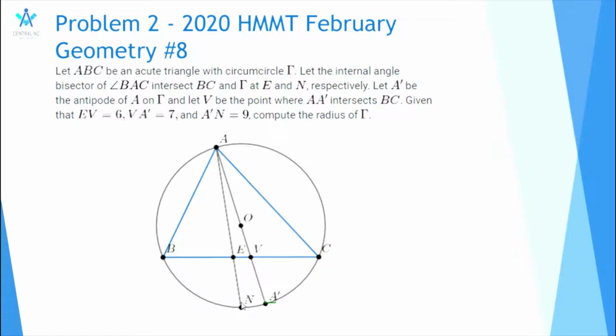N is going to be inverted to E, because we can show that AB times AC is equal to AE times AN through similar triangles. Basically show that ABE is similar to triangle ANC, which is pretty clear because this angle is equal to this angle, and we have an angle bisector.